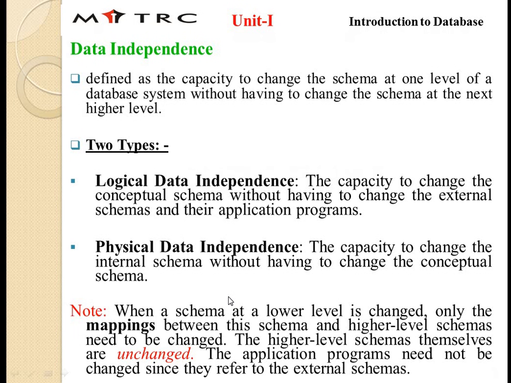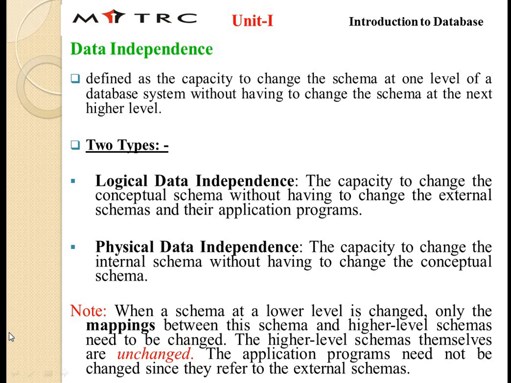Now there is one important point to note about these two types of independence. When a schema at a lower level is changed, only the mappings between this schema and the higher level schema need to be changed. The higher level schemas themselves are unchanged, and the application programs need not be changed since they refer to the external schema.